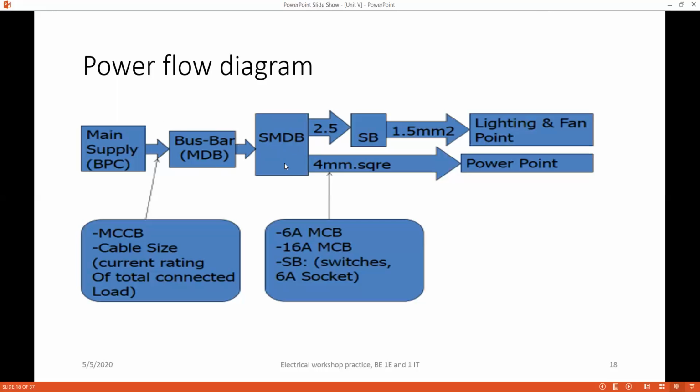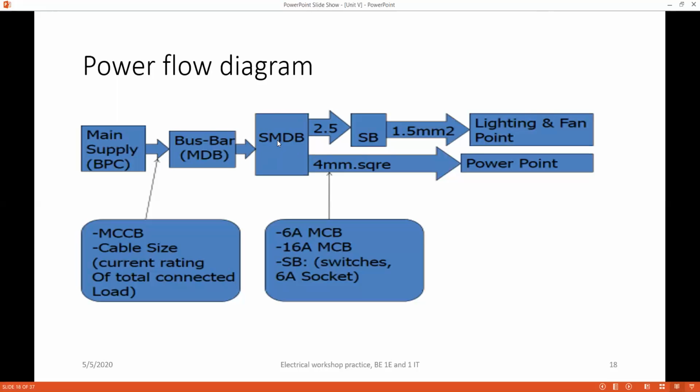To connect the energy meter, if that building is occupied by a single family, then you can connect the energy meter here. But if it has multiple occupants, then you can give a different energy meter here. So for SMDB1, we can give a different energy meter. For SMDB2, again a different energy meter.